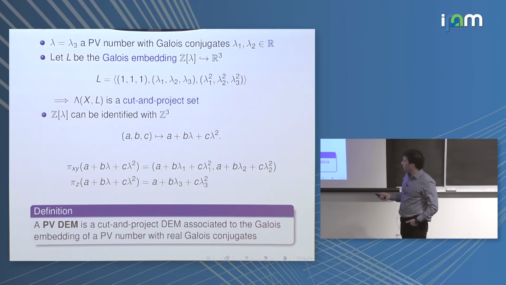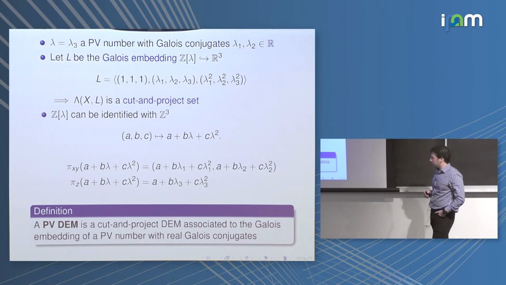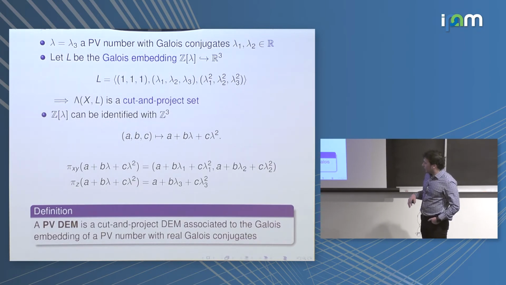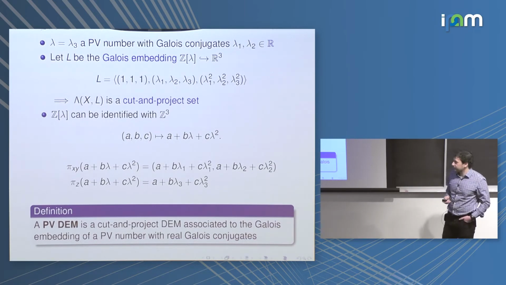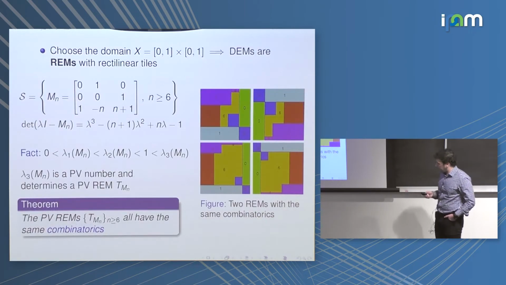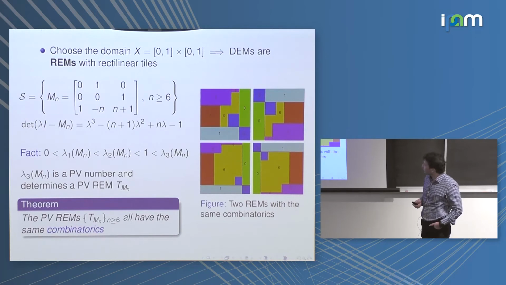So if I have a lattice point a plus b lambda plus c lambda squared, its xy coordinates and z coordinates are just given by these three equations. So we say that a PV DEM is a cut and project DEM associated to the Galois embedding of a PV number with real Galois conjugates.